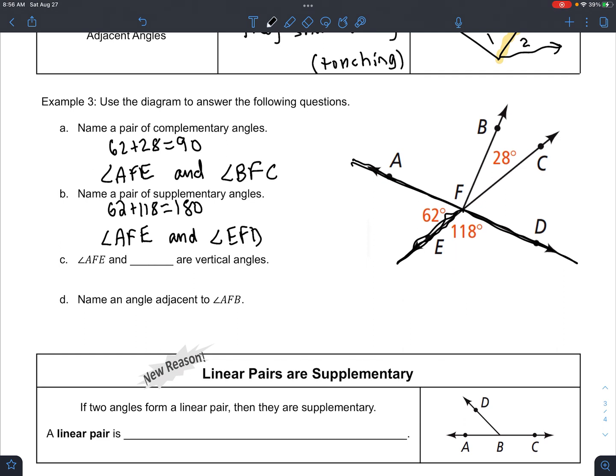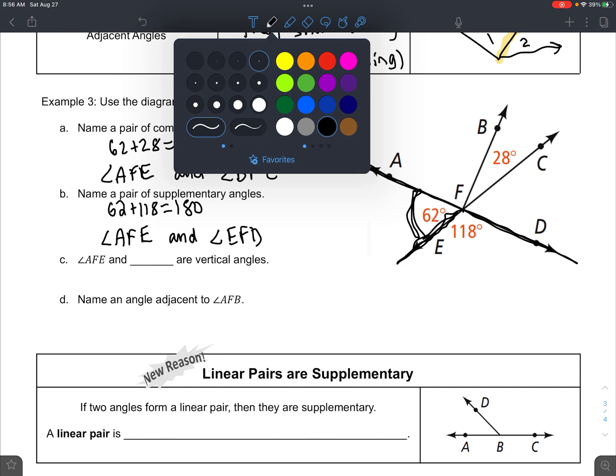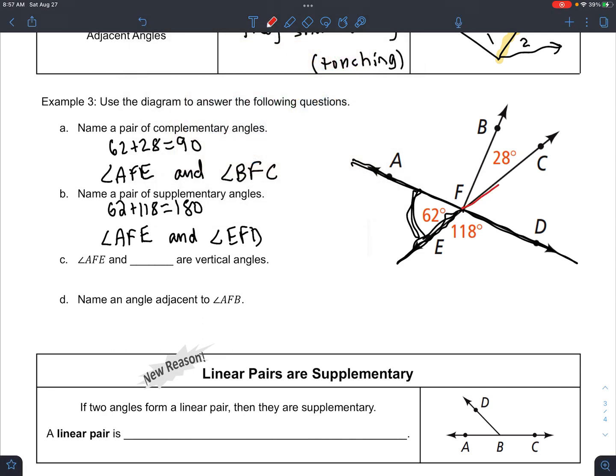So, which angle can be paired with AFE, which is this one, to be a vertical angle? Well, if you want, you can extend the lines like this.